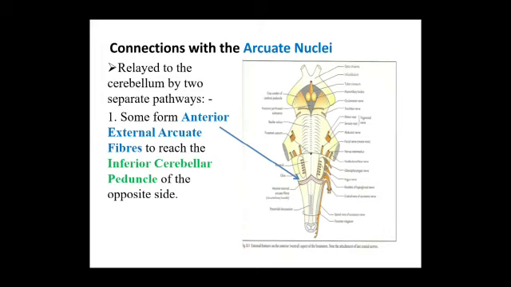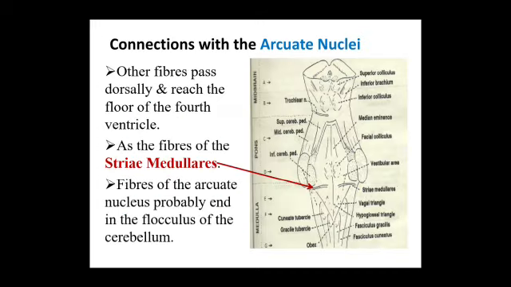Some form the anterior external arcuate fibers to reach the inferior cerebellar peduncle of the opposite side. The other fibers pass dorsally and reach the floor of the fourth ventricle, where you can see them as the striae medullares. The fibers of the arcuate nuclei probably end in the flocculus of the cerebellum.